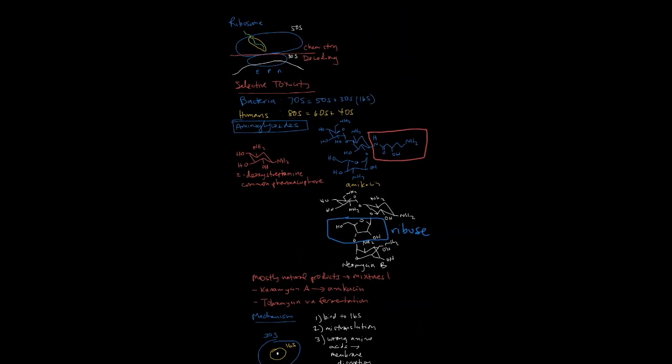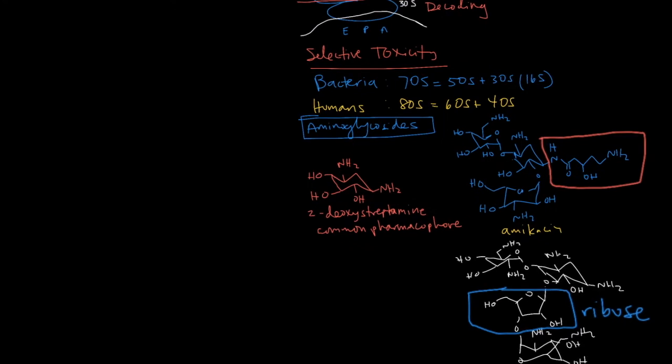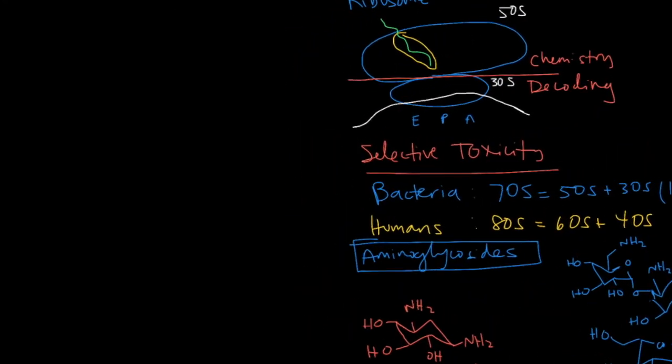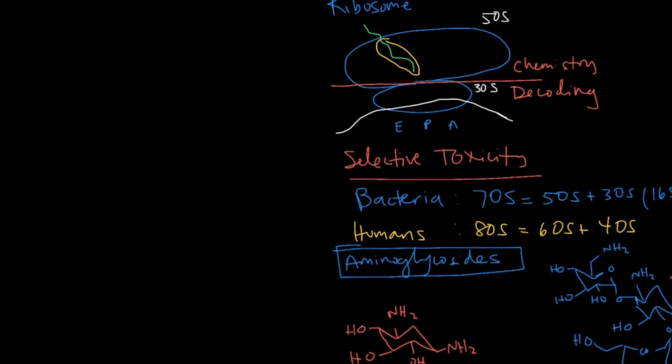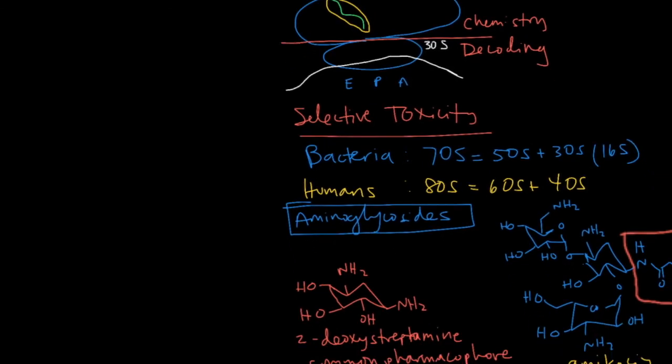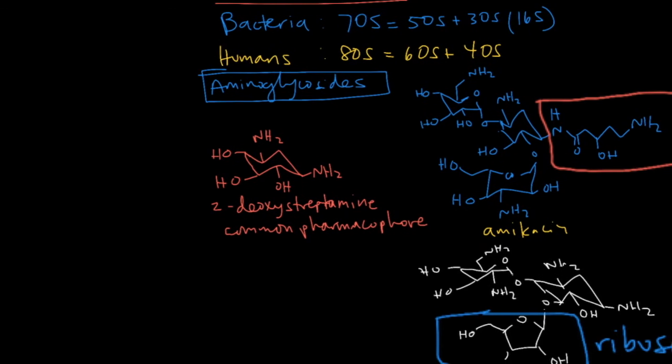Okay, so the ribosome is made up of the 50S subunit and 30S subunit in bacteria. Remember, there's an exit tunnel where the growing polypeptide leaves, and there's an A site, P site, and E site. Bacteria and humans are different because humans have a 60S plus 40S subunit difference.